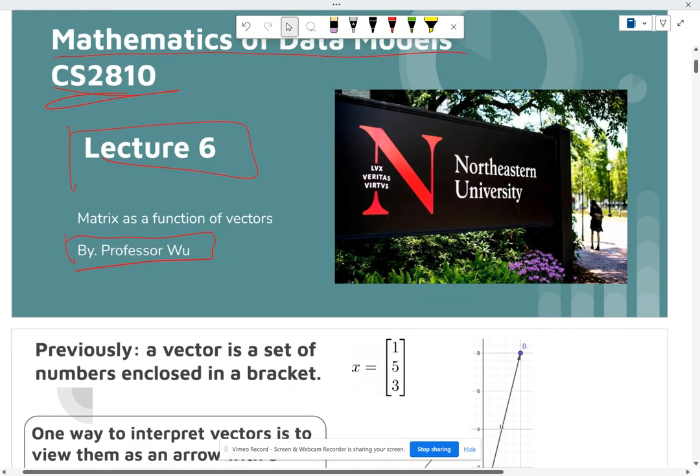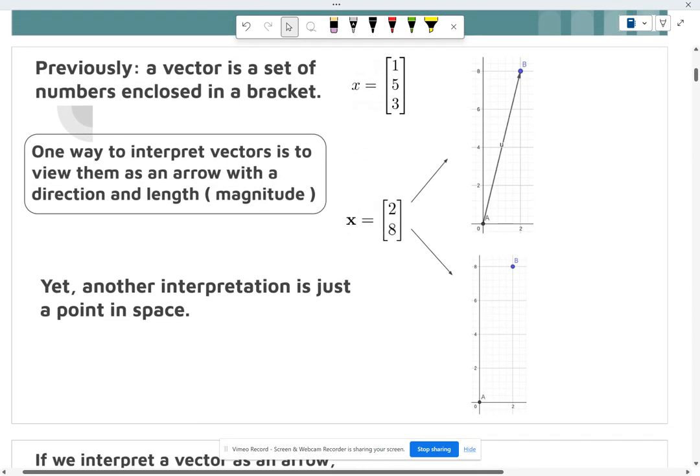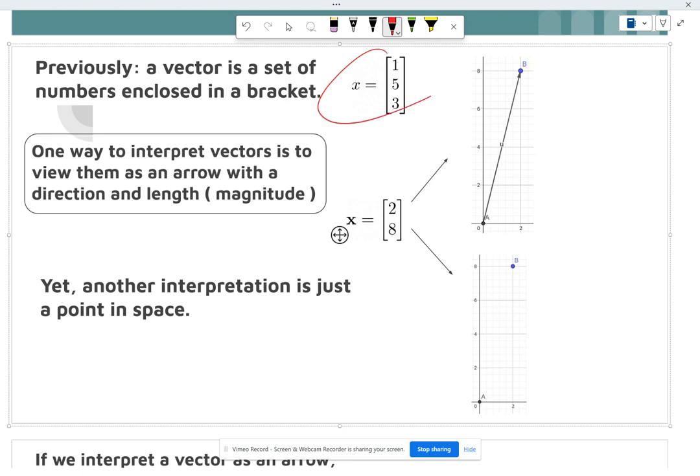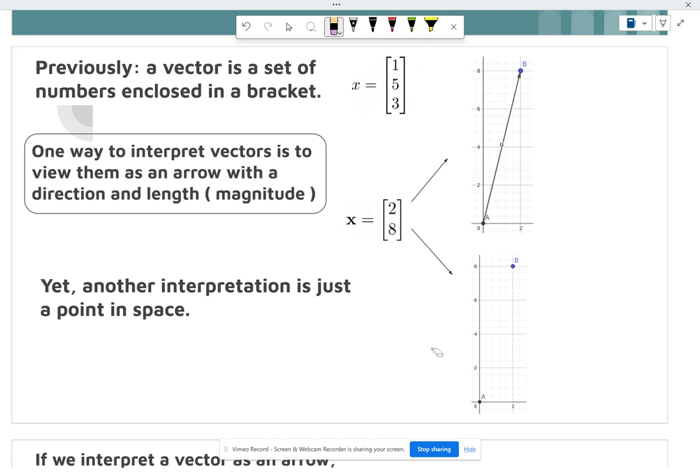Okay, so previously we talked about vectors, and I wanted you to just think of a vector as a bunch of numbers enclosed by brackets. Depending on the meaning we give to the vector or the matrix, we can use various manipulations to manipulate them.